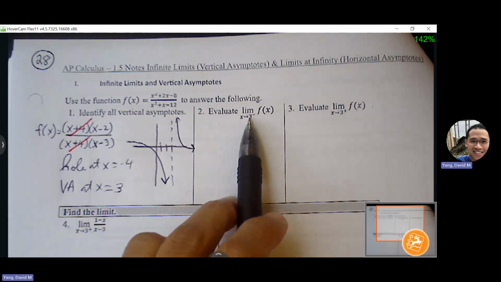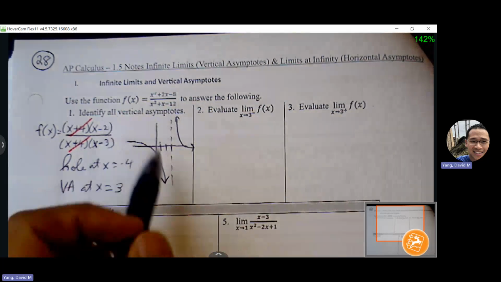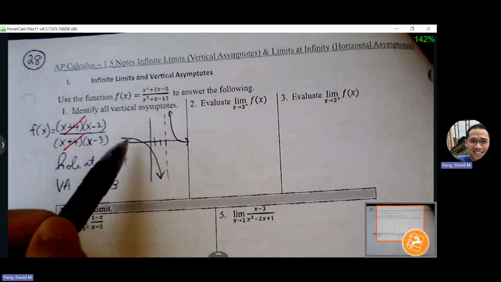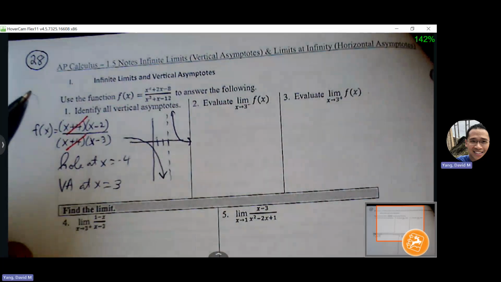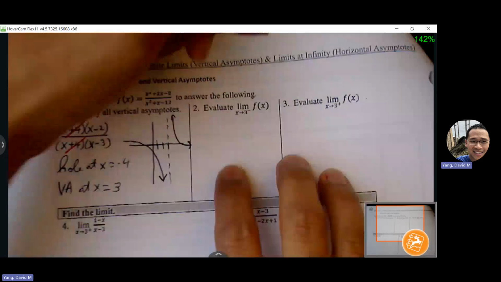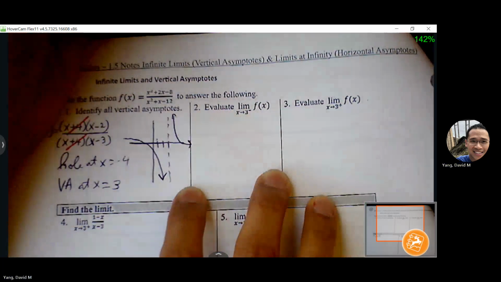Then you would say the limit as x approaches 3 from the left side of 3 would be equal to what? Infinity, right? Because we can obviously tell that the branch is headed closer and closer towards infinity as we follow the left arrow down. Okay. But how do we do this without a calculator? So let's talk about how we can evaluate this algebraically.